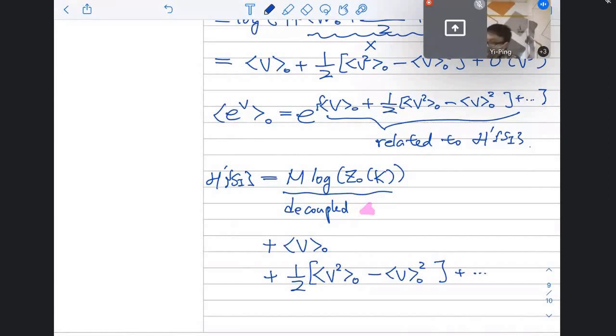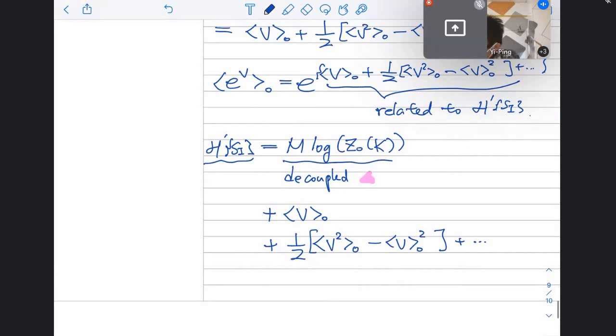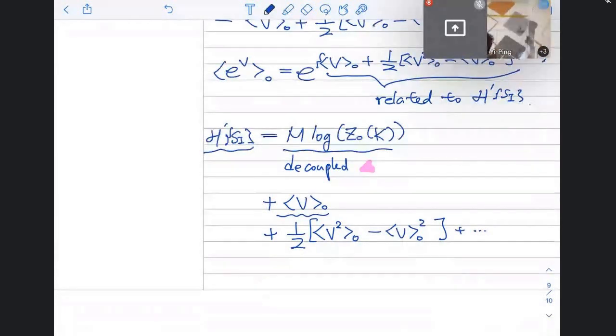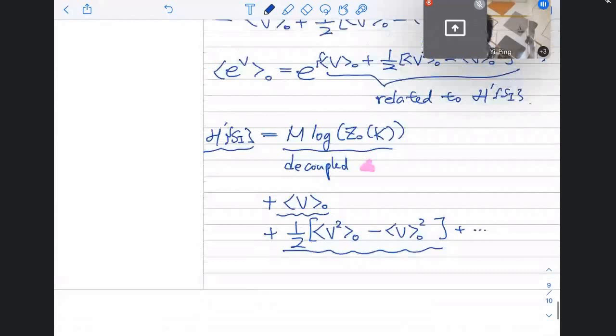So in order to calculate this thing, the only non-trivial task for us now is to calculate this expectation value of V averaged over H naught, or this V squared averaged over H naught also. So let's try to do it first order in V, and then we will do it for second order in V, and we'll see what's going on. Okay, so at this point, are there any questions?